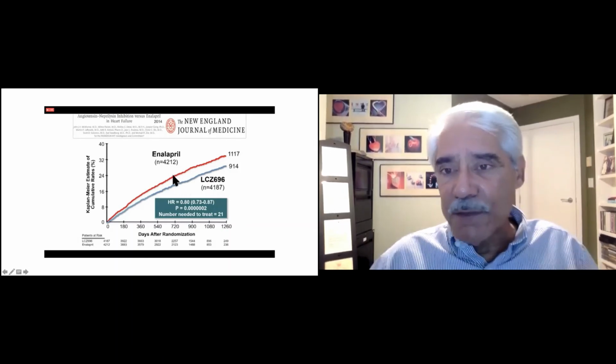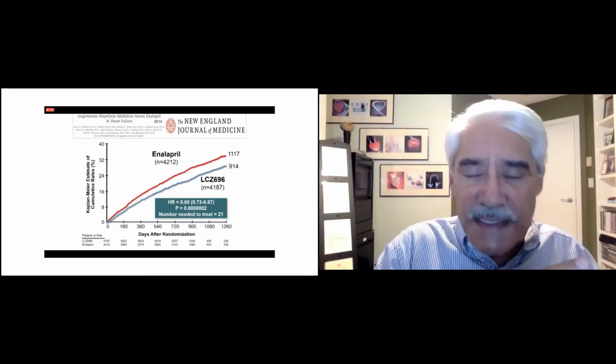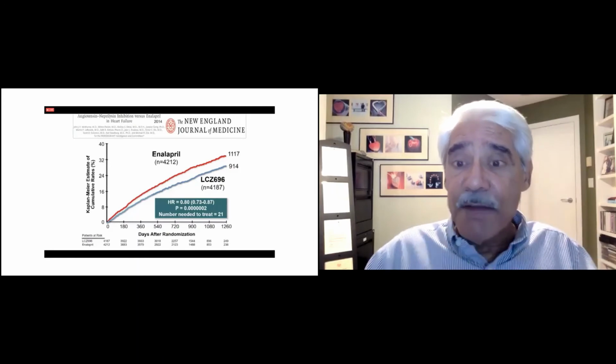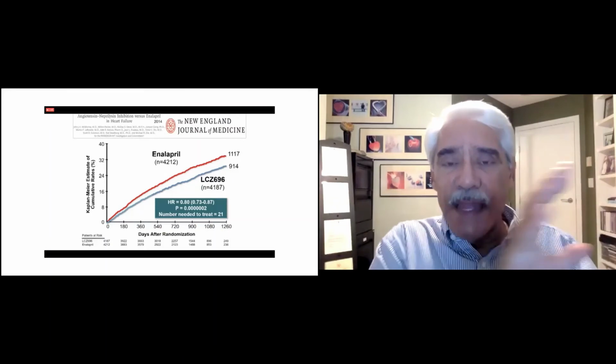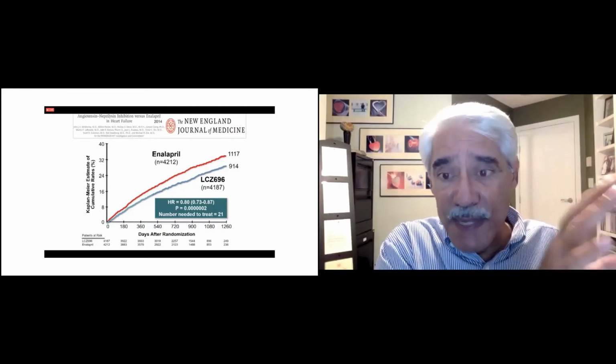So now for the first time, we have a new therapy that replaces an old therapy, which was already a lifesaver. But now we have a better lifesaver working on the RAS system and the natriuretic peptide system.